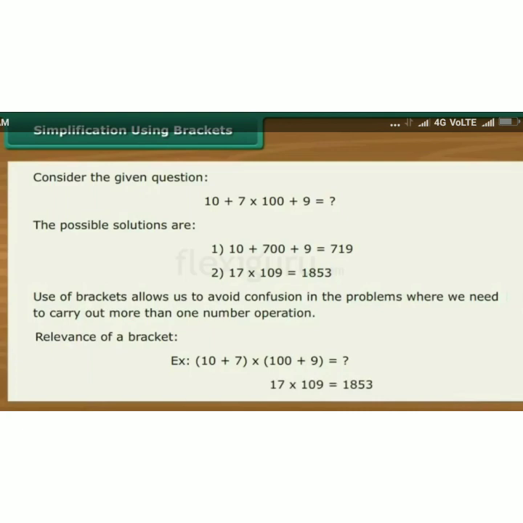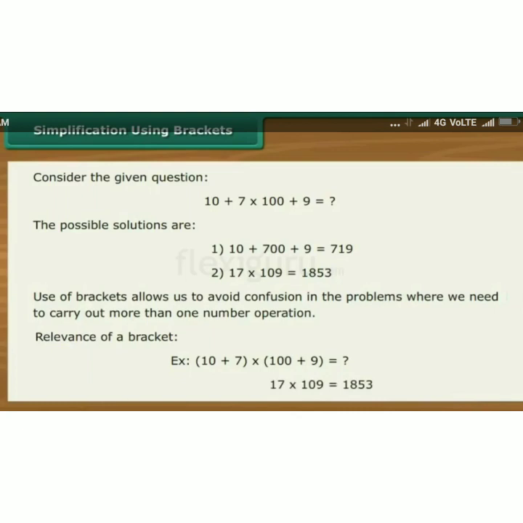We could not say, because this is not the way to do the calculation. We have to make the brackets. After that, we have to remove the brackets by performing the operations. Then we can say the answer. See where we are using the brackets. 10 plus 7 is one operation. 100 plus 9 is another operation.